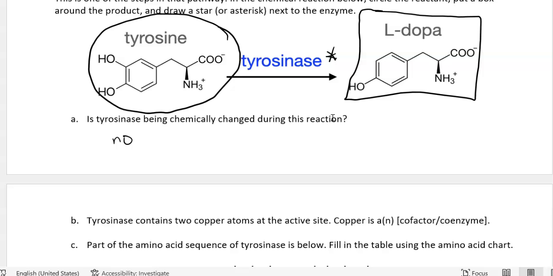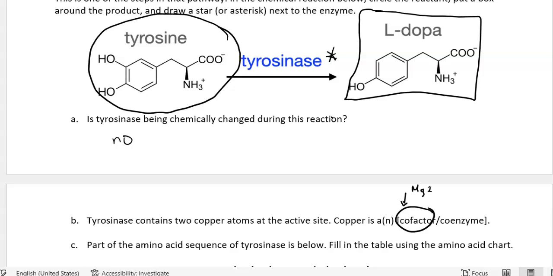B, tyrosinase contains 2 copper atoms at the active site. Copper is a cofactor. Okay, the only distinction we're really making, I know there was some confusion with cofactors and coenzymes. The distinction that we're making between cofactors and coenzymes is that the cofactors are inorganic.